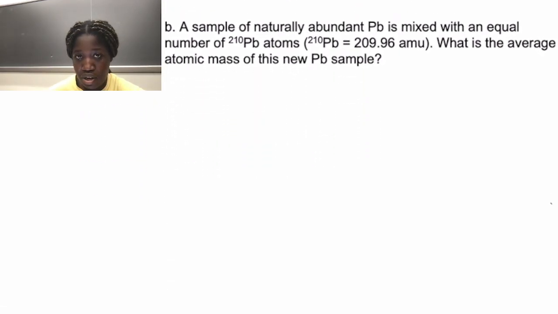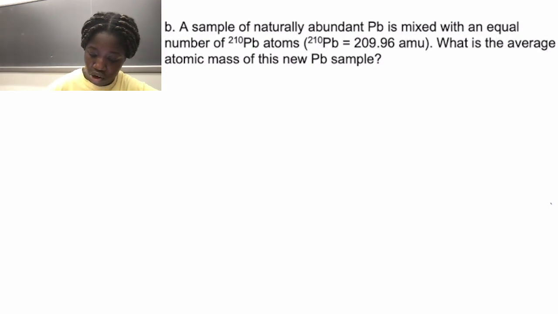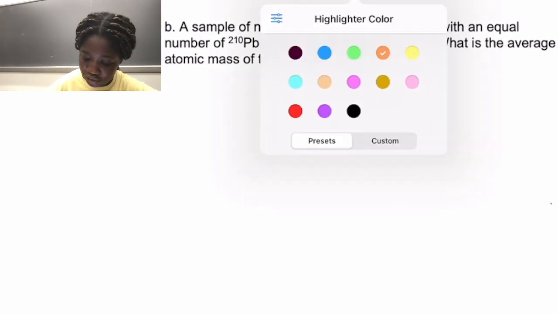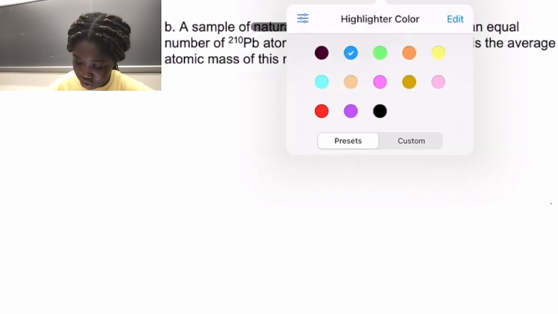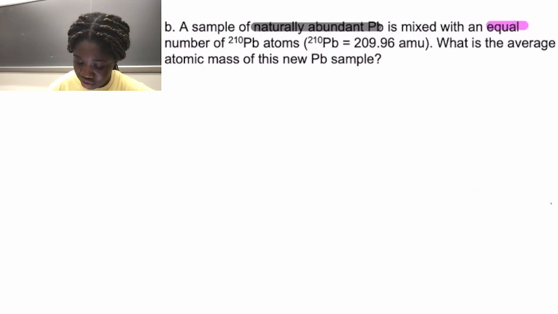In part B, we have that our sample of naturally abundant lead is mixed with an equal number of lead-210 atoms, and its atomic mass is given, and the question is asking for the new average atomic mass of lead.